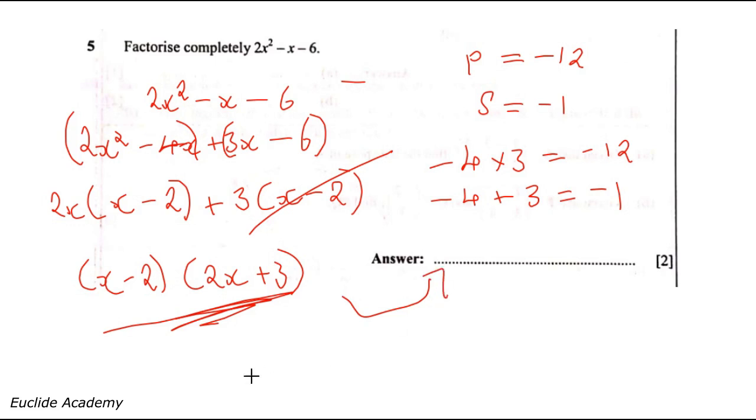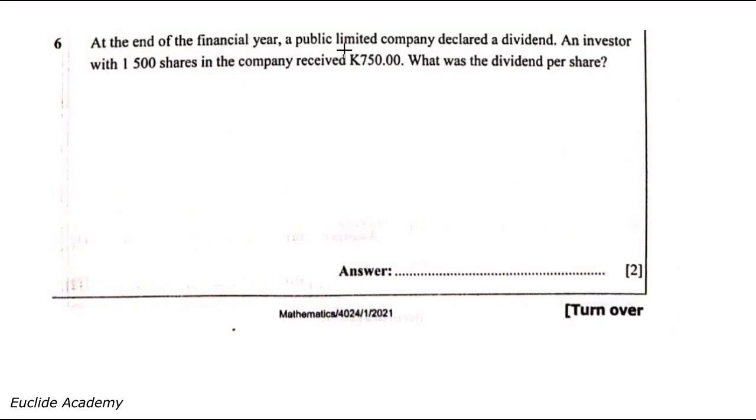So basically this means you have factorized the expression, and this is the answer that you put here. So factorizing 2x squared minus x minus 6 is x minus 2 in brackets. Then you open the bracket, you write 2x plus 3, you close the bracket. So this is your answer.